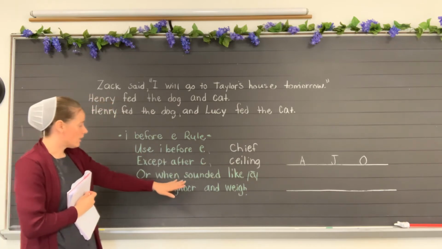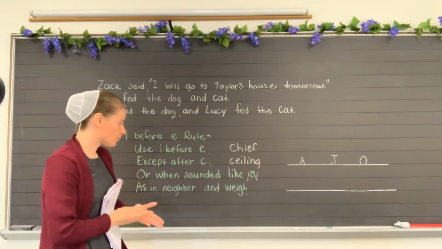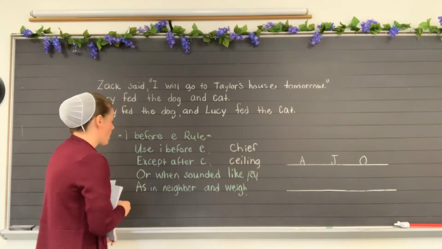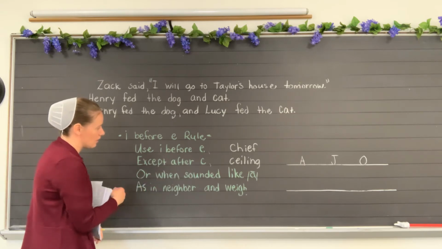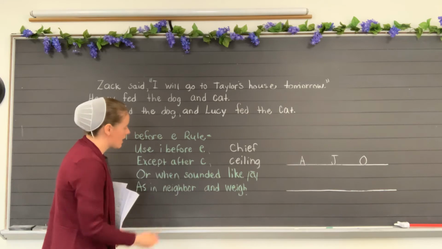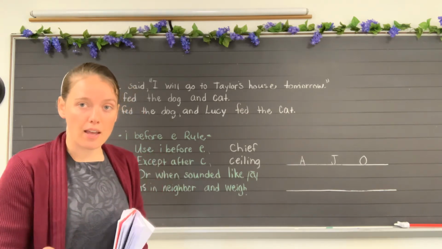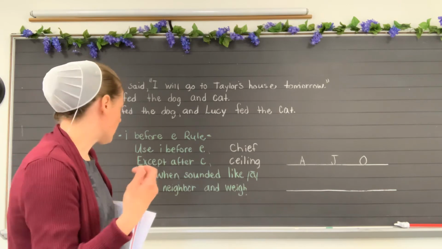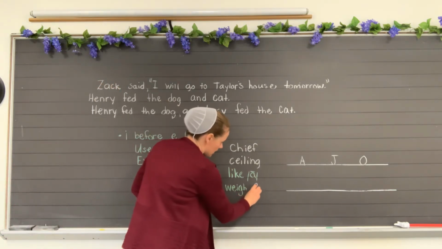Or when sounded like A, as in neighbor and way. This is different ways that we put an E in the word. And so if you have neighbor and way, it doesn't sound like E, but it sounds like A, but we still use the EI to spell it, or as in the word eight.